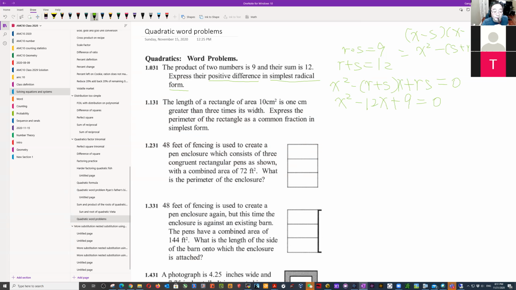And express the positive difference in simplest radical form.